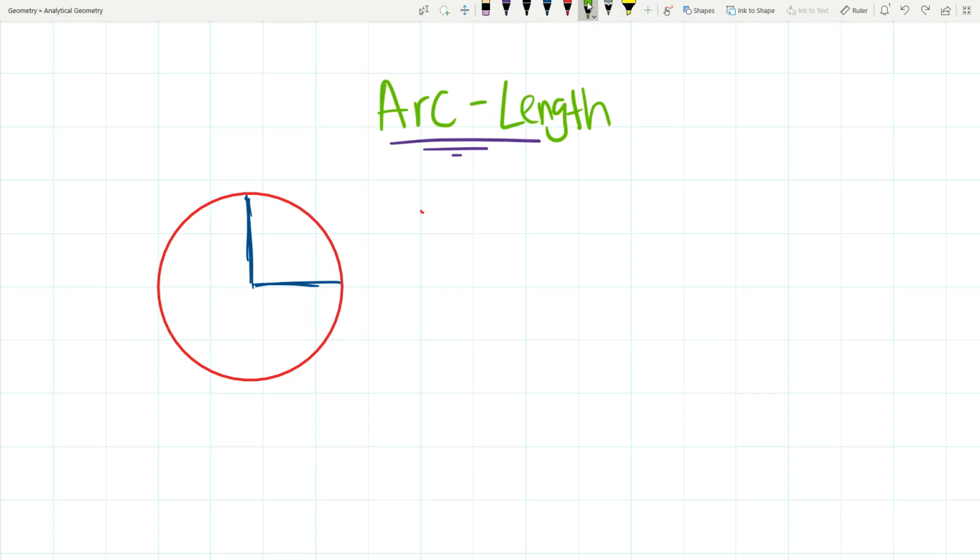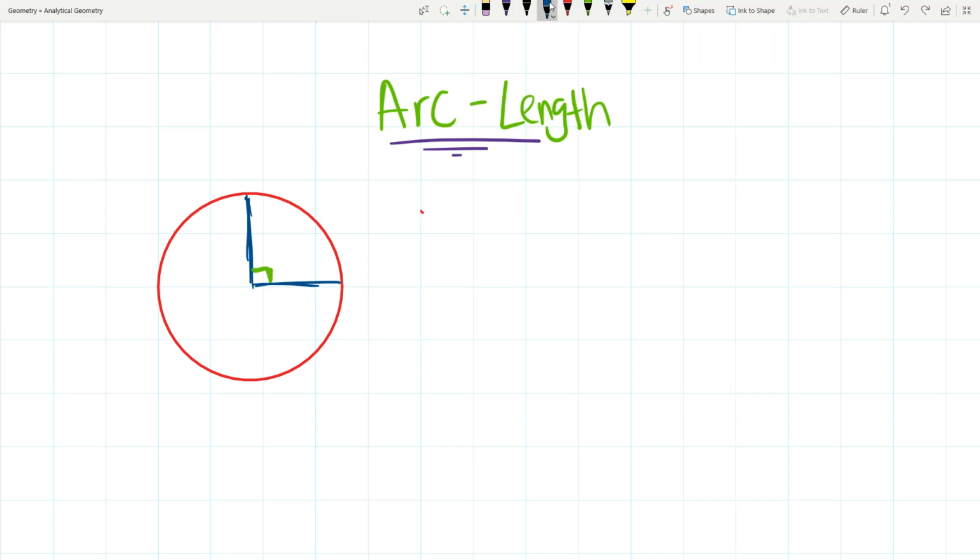So how do we calculate arc length? Let's take a look at an example. Let's say that this was a 90-degree arc, or a 90-degree angle, and then we have to find out this part. What's the first thing that I have to calculate?